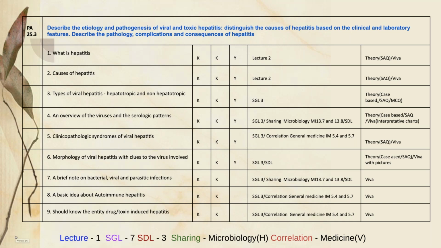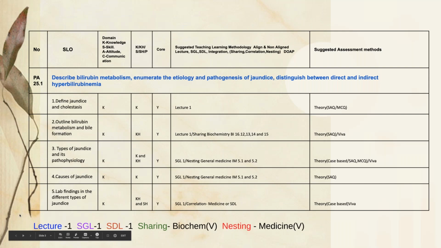I was just thinking, on jaundice and bilirubin metabolism, which Malini was talking about in the first slide, they could be in small group teaching where you revise it or put a case history in which you try to get it out from them.